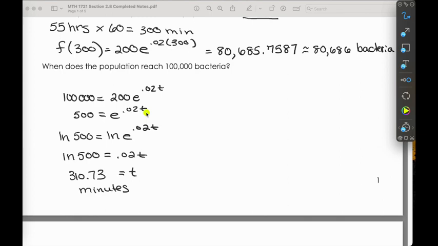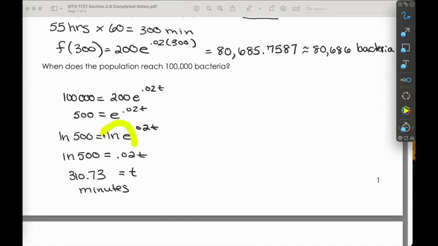Now I'm going to take the log of both sides. I can take the log of any base that I want. I'm choosing the natural log because the base of my exponential function is e, and if I choose the log with the same base, it makes the arithmetic a lot easier. So I'm going to take the natural log of both sides, and that gives me natural log of 500 is equal to 0.02t, because recall, using our log rules, I can bring the exponent down in front, and so that would give me 0.02t times the natural log of e, and we know that the natural log of e is 1.